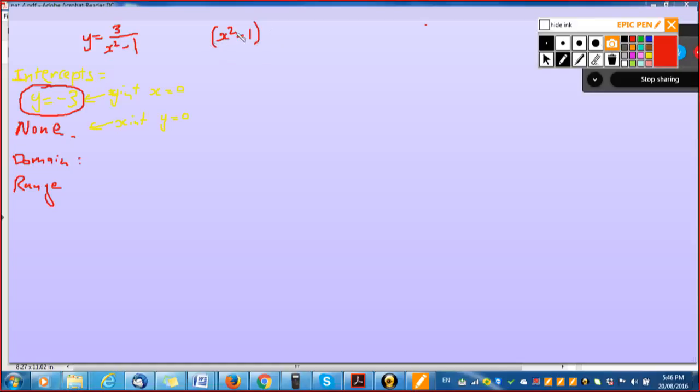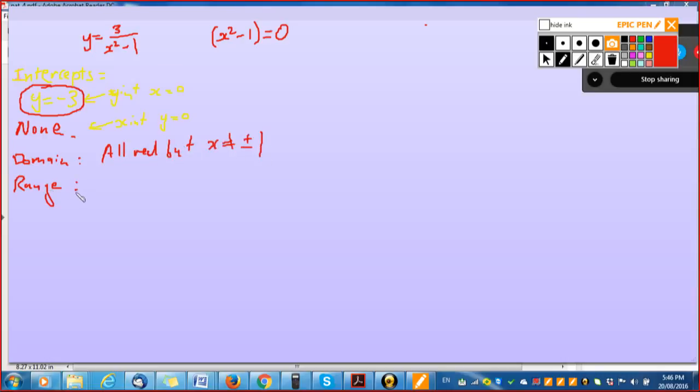Domain: X squared minus 1 equals 0. So the bottom cannot equal 0, right? So it's all real, but X cannot equal positive or negative 1. Got that?